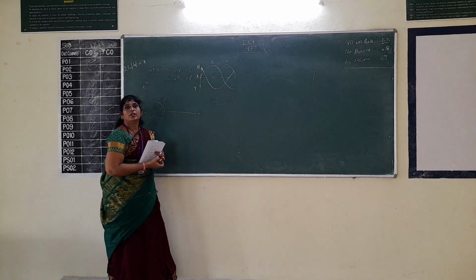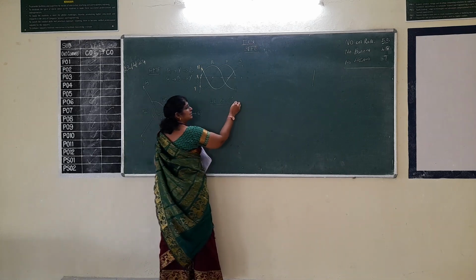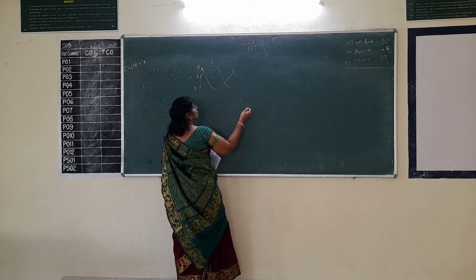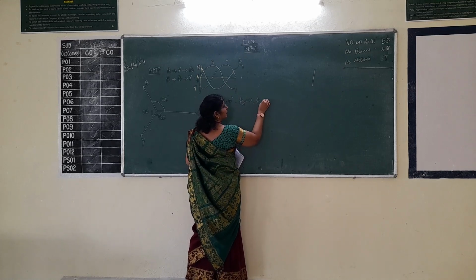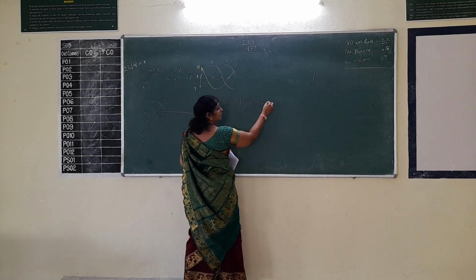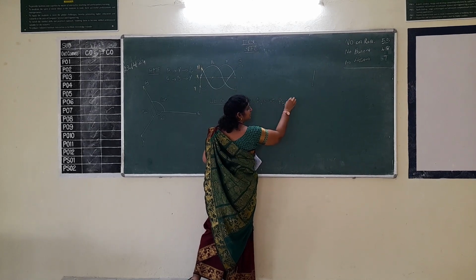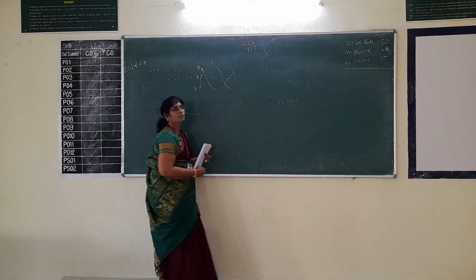At origin, your R phase value is 0. Therefore, flux due to R phase will be 0. Flux due to Y phase is in negative sign, so take it as minus. Flux in your B phase is in positive direction.